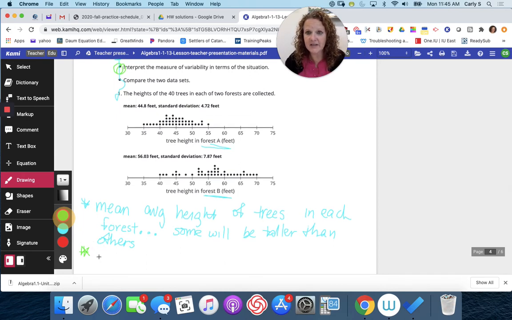So the standard deviation, because we have a standard deviation of 4.72 of just the population, is the measure of how variable the tree heights are.